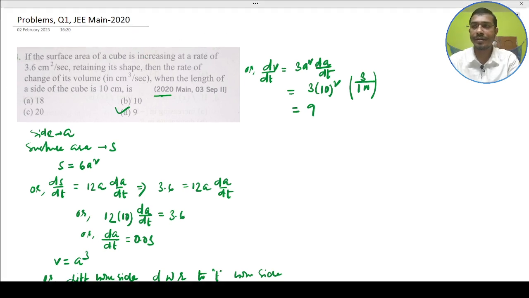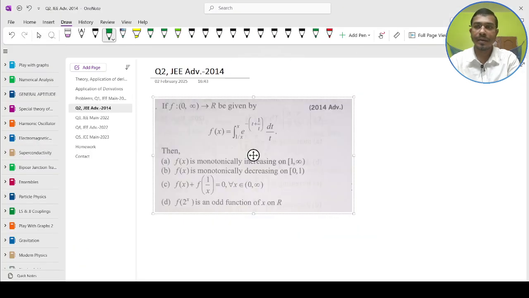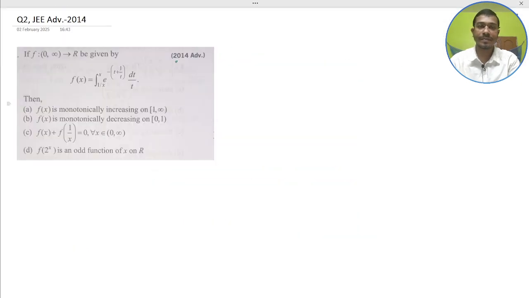So next, let's go ahead to our next problem, from JEE Advanced 2014.